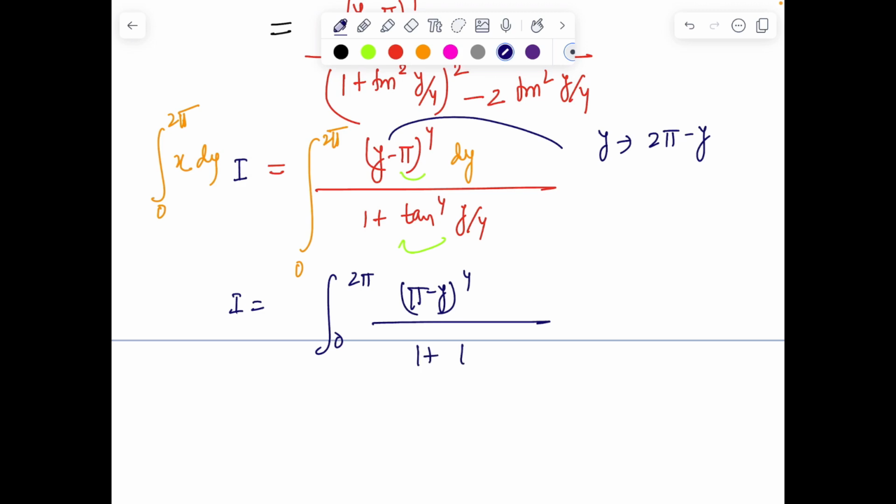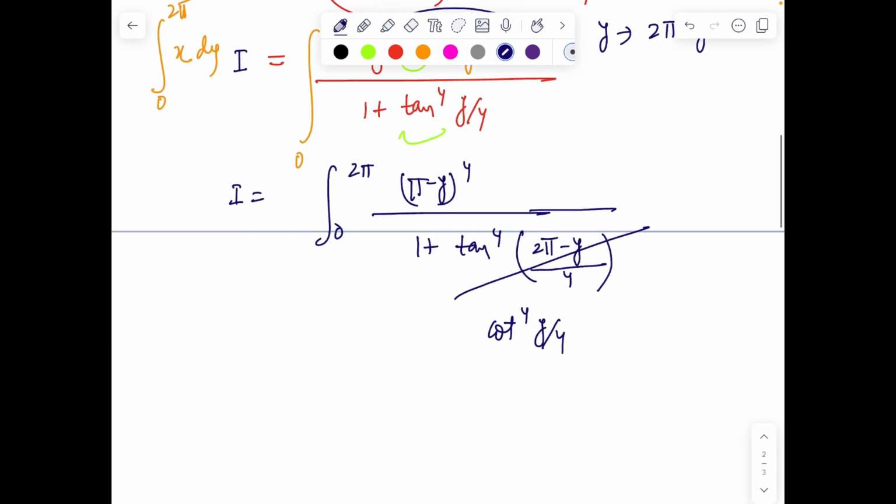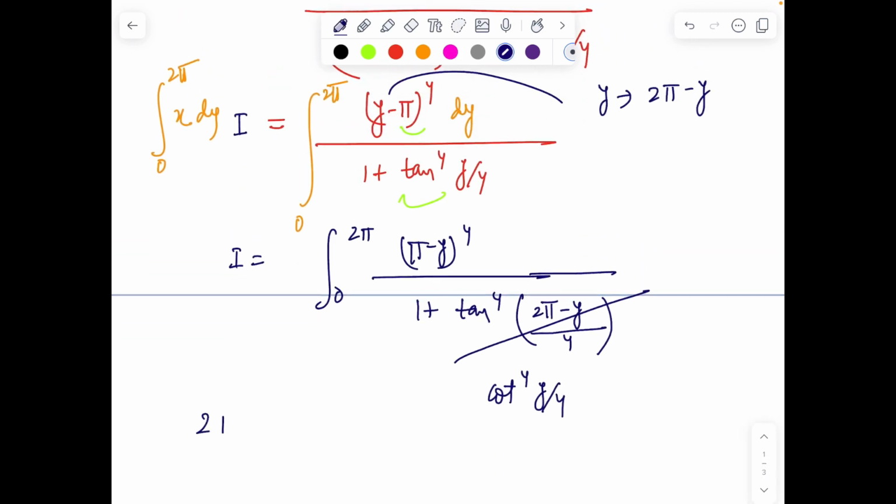That will still give me y minus pi whole to the power 4 divided by 1 plus tan 4 of 2 pi minus y over 4, and this becomes nothing but cot 4 y by 4. And that's good news, because now if I add both expressions, 2I is going to be 0 to 2 pi.